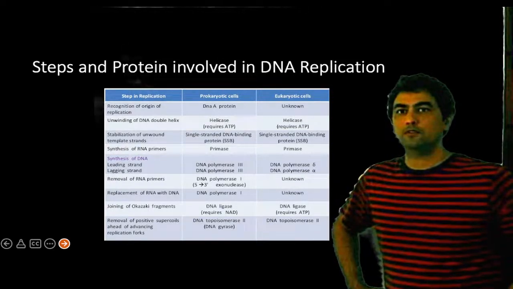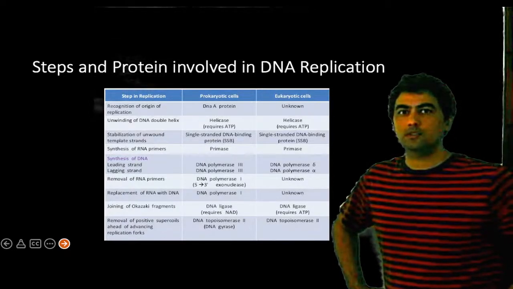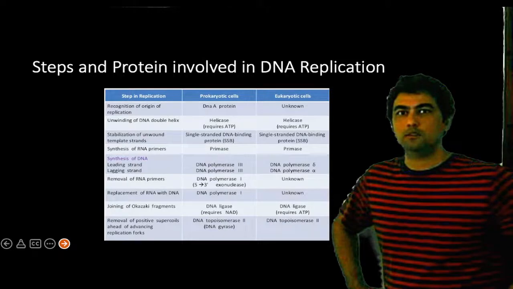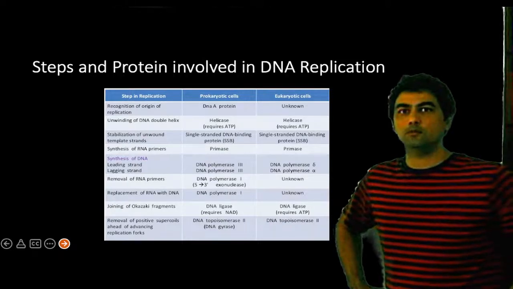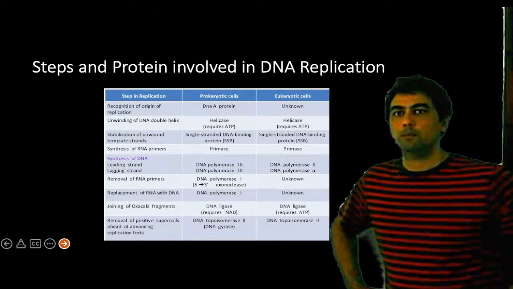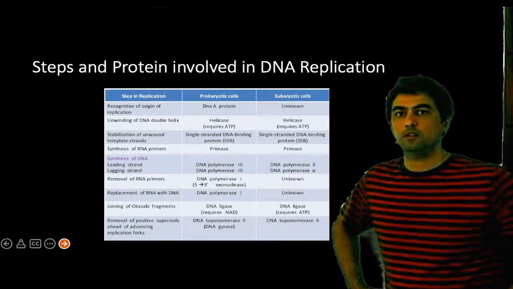Removal of RNA primers by 5' to 3' exonuclease occurs by polymerase 1 in prokaryotic cells and is unknown in eukaryotic cells. Replacement of RNA with DNA occurs by DNA polymerase 1 in prokaryotic cells and is unknown in eukaryotic cells.